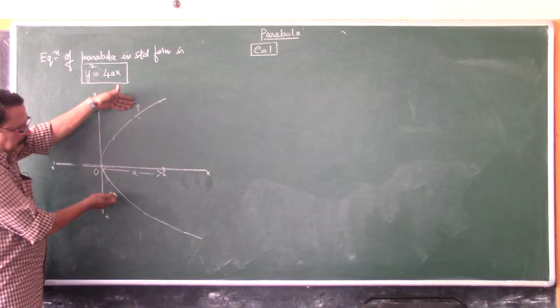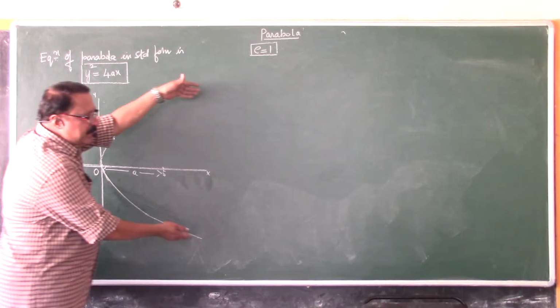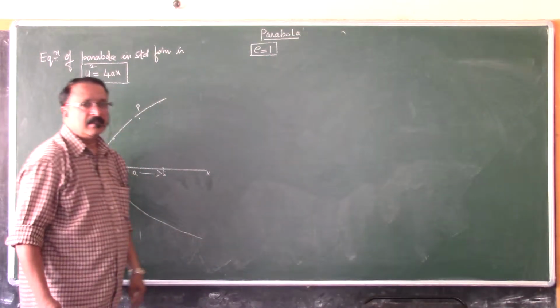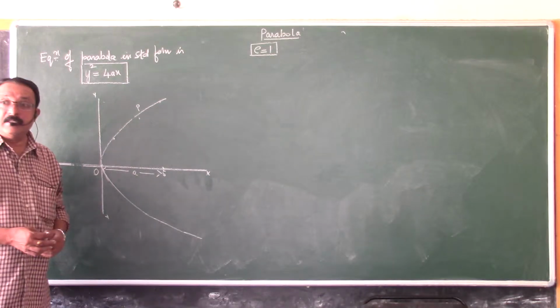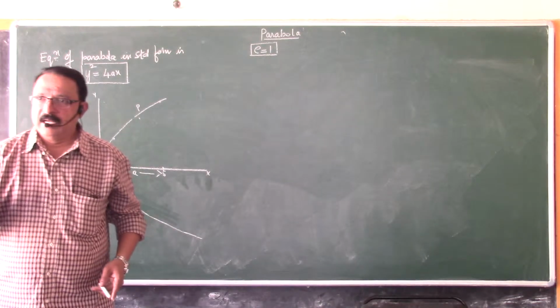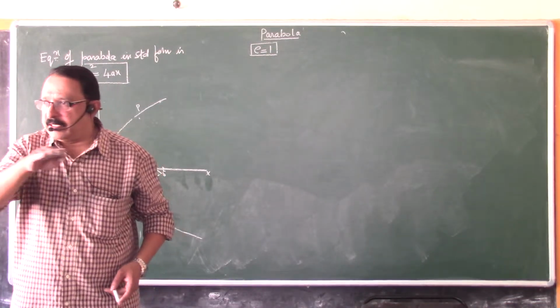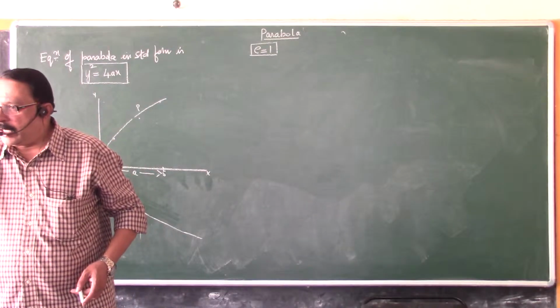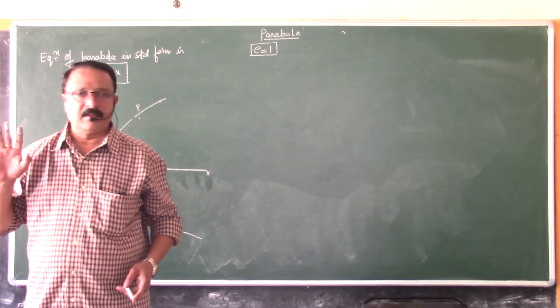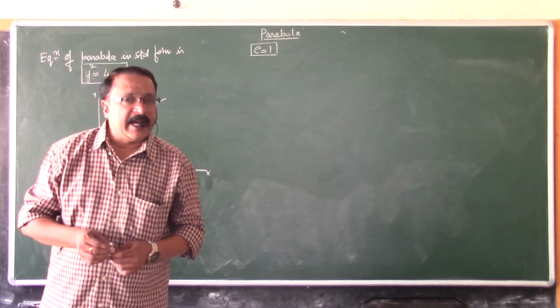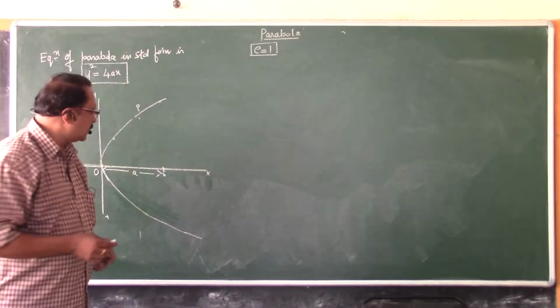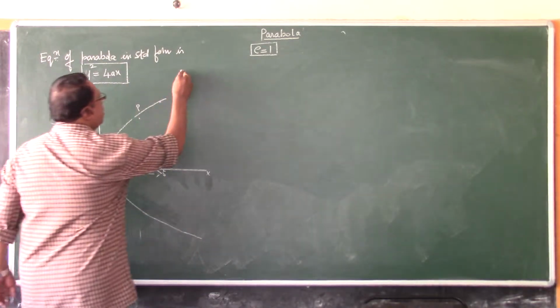And these are the two branches of the curve which extend to infinity. And what is the role of the x-axis? The x-axis is dividing the parabola into two equal halves.